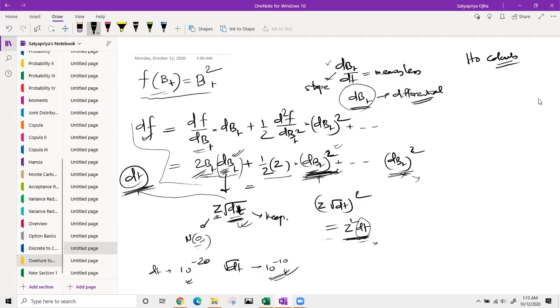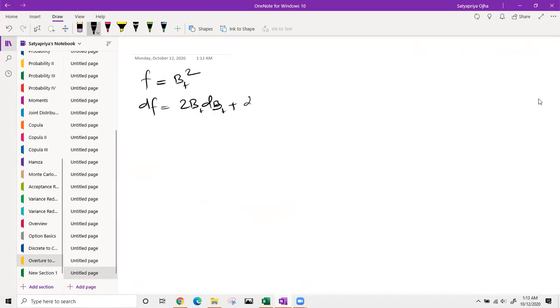Now dBt whole square we know is dt, so just dt. I can change this f to write d of Bt square, right? df is d of Bt square.